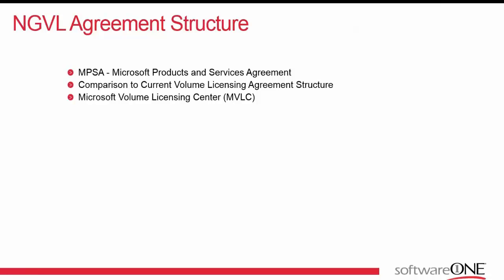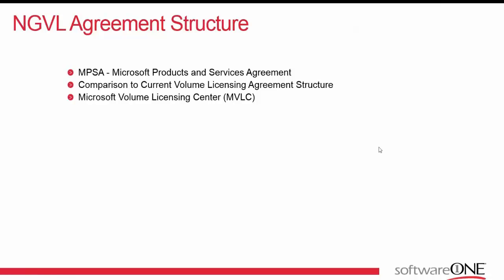So now if we just dive a little bit deeper into the agreement structure itself. What we're going to look at here is the MPSA, the Microsoft Products and Services Agreement, which I've already mentioned.